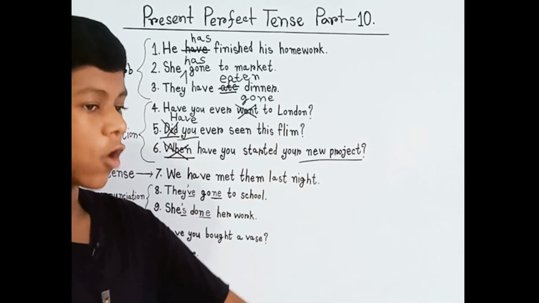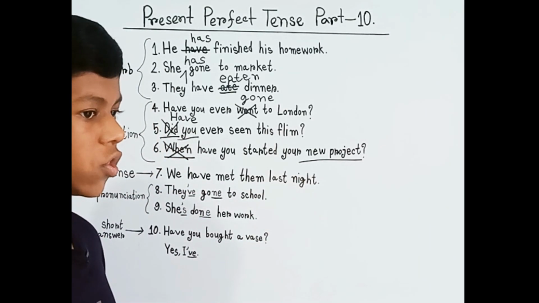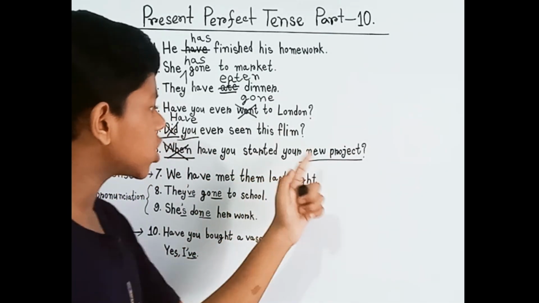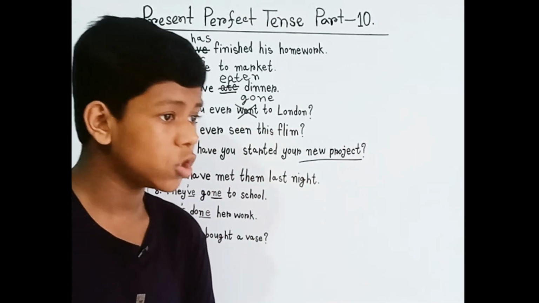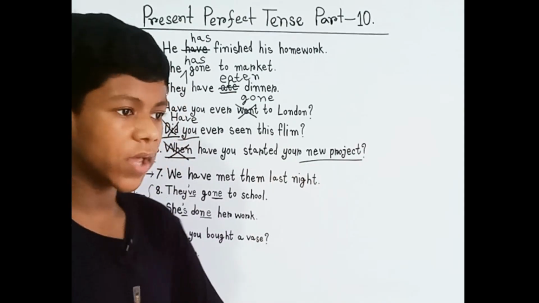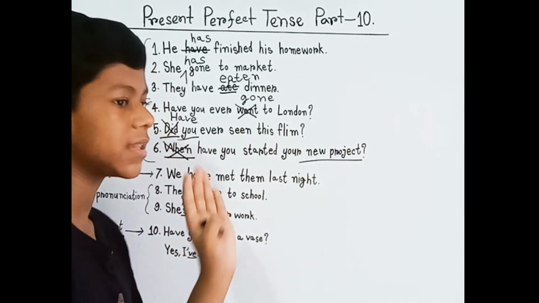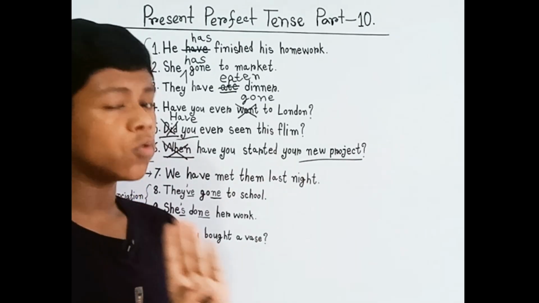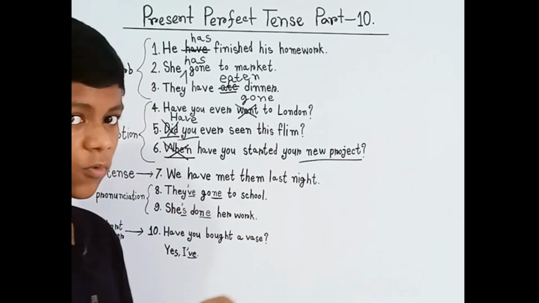But when you have an object, you have to use another type of WH question. So we can start with why. Why have you started your new project? How long have you started your new project? You can use another type of WH question, but always check the last point.